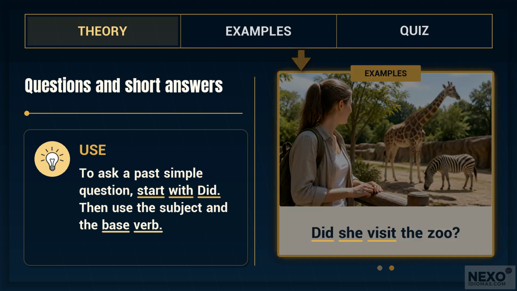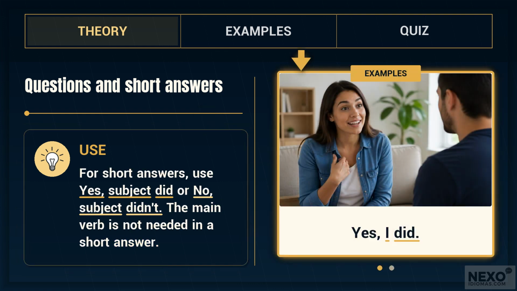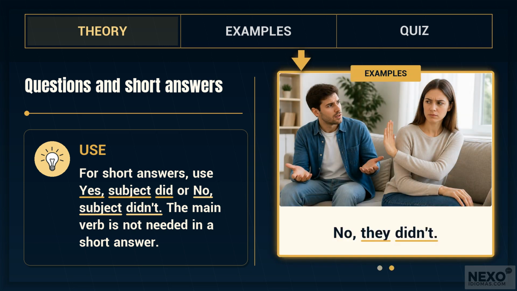For short answers, use yes, subject did, or no, subject didn't. The main verb is not needed in a short answer. Example: yes, I did. Example: no, they didn't.